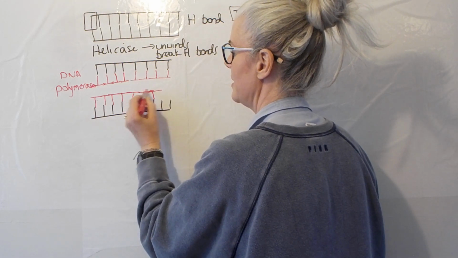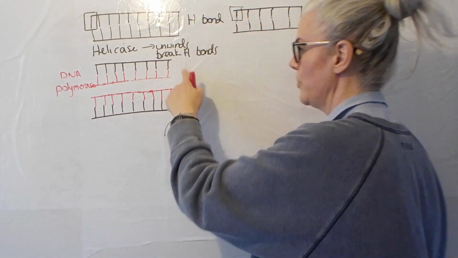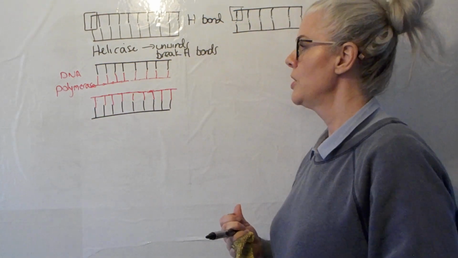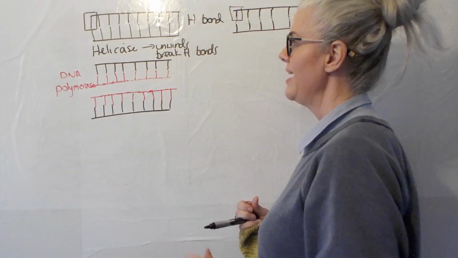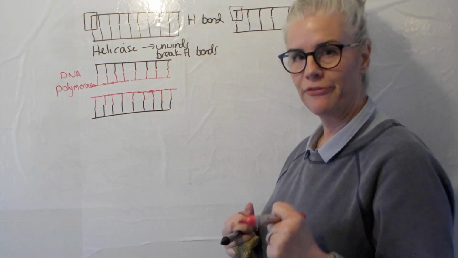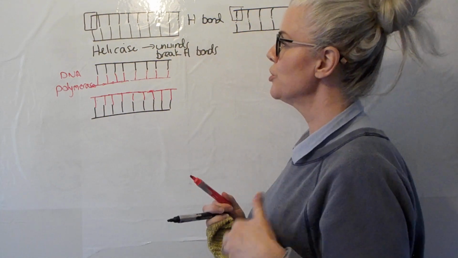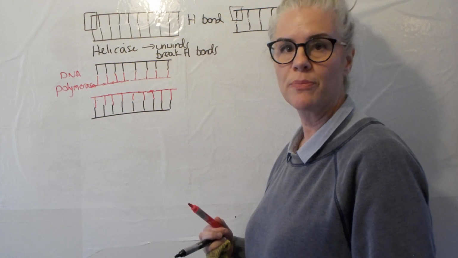DNA polymerase knitting that phosphate sugar backbone each time, and you end up with 2 strands of DNA. Okay, so you've got 2 enzymes, you've got helicase, you've got DNA polymerase. Now that's the basics. That's what you absolutely have to know. So what I'm going to do in the next video is go into much more detail about these 2 different processes.